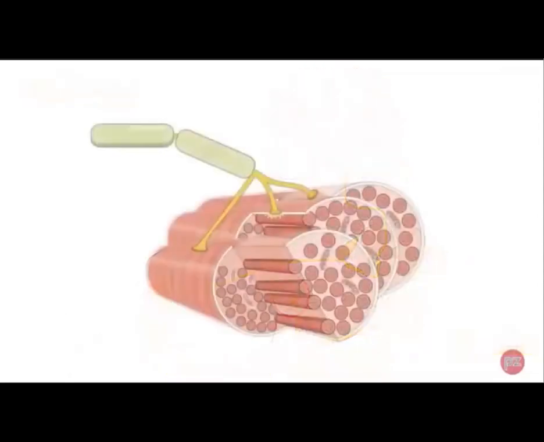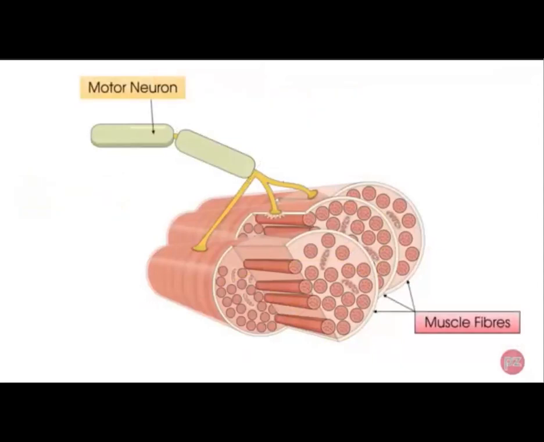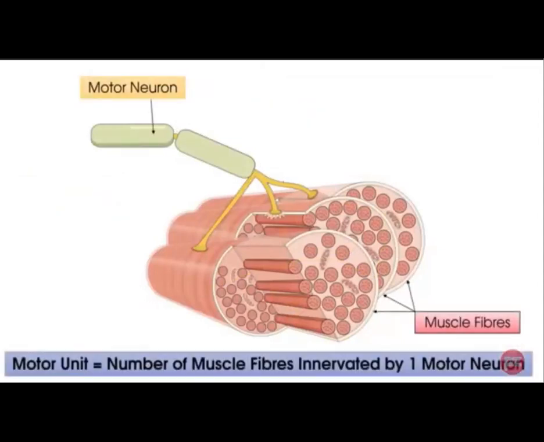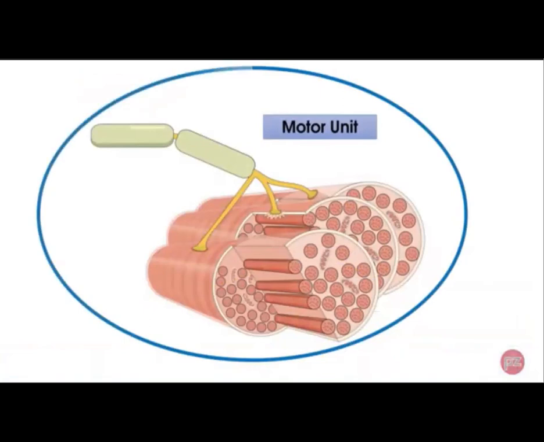So here's a more microscopic illustration of our motor neuron made up of its axon, wrapped in myelin sheath, which increases the speed of conduction, and the axon terminals, which branch onto the muscle fibers. A motor unit is the number of muscle fibers which are innervated by one motor neuron. In this case, one motor neuron is innervating 3 muscle fibers. So muscles that control precise movement have more motor units.